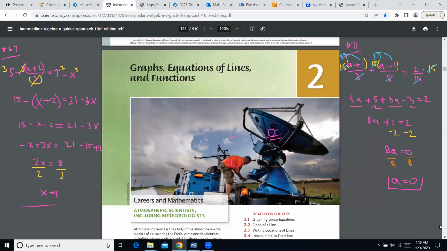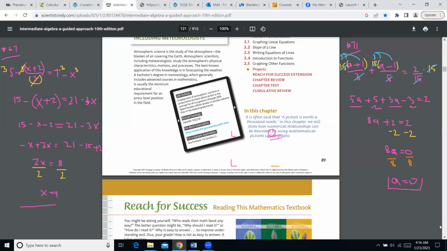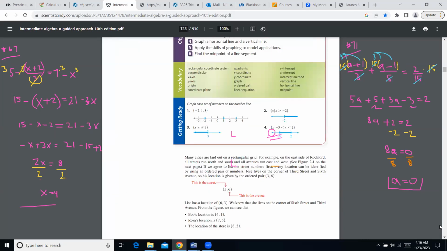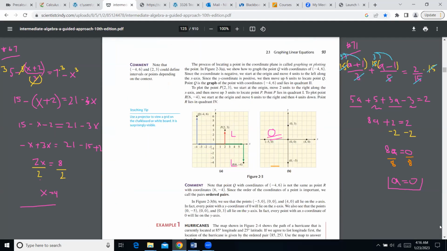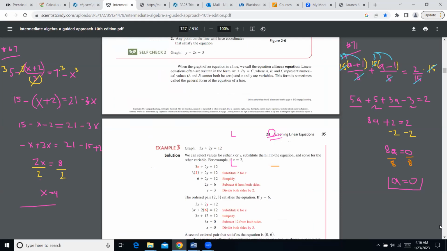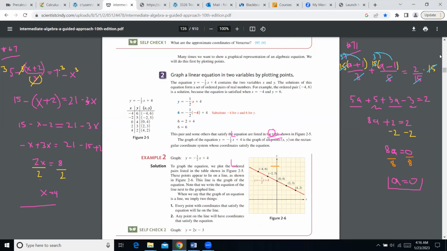And we'll just continue with equations of lines, or graphing various linear equations, just like they have here on figure 2.6. And it turns out that our goal will be to see, when you are given the equation, that this is actually a linear equation, or equation of a line.